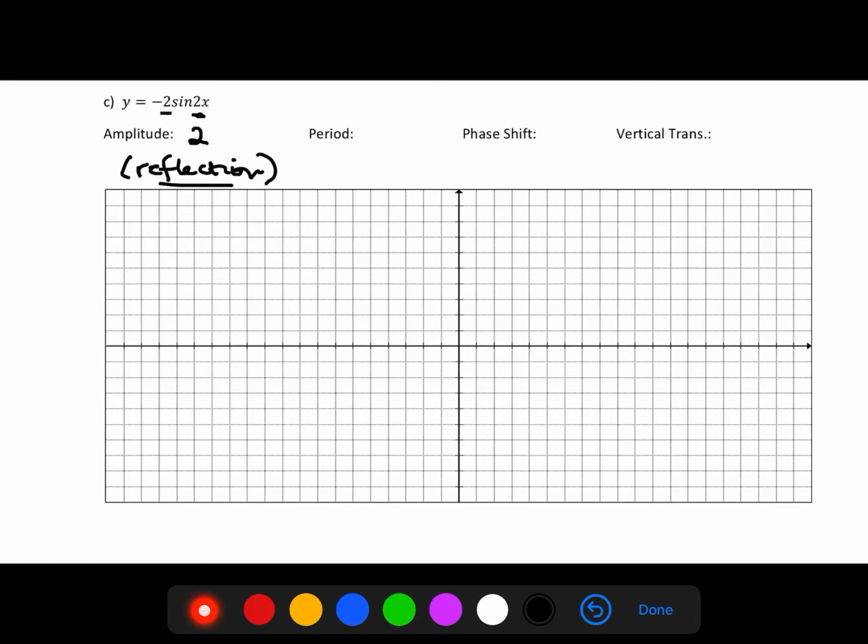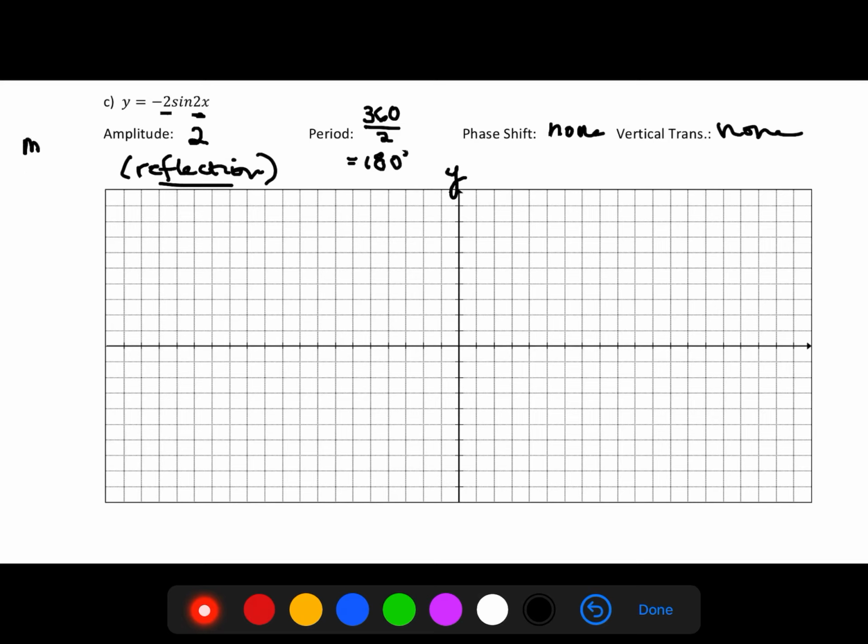The period, remember that this is a compression by 2, so our period is going to be half of what it was before. So our period is only going to be 180 degrees. No phase shift and no vertical translation.